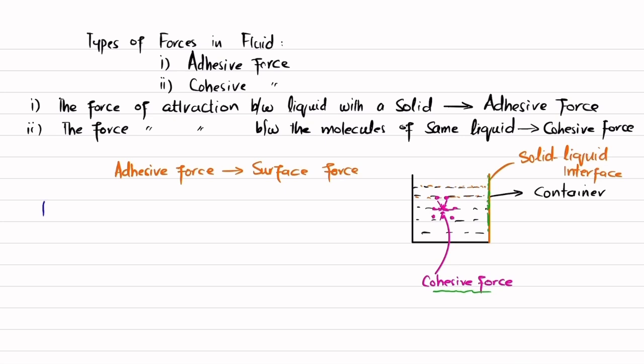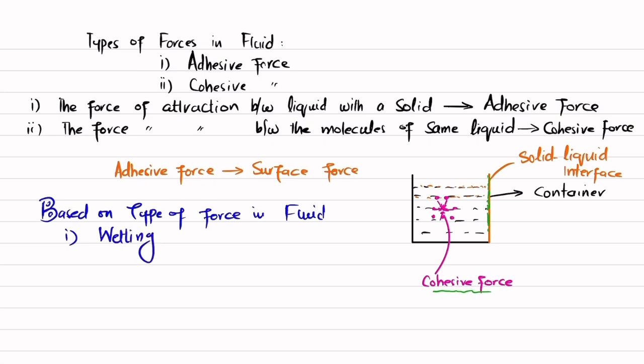Now based on type of forces in fluid, we divide fluid into two categories. The first one is wetting fluid, clear, and the second one is non-wetting fluid. Now what is the wetting fluid?